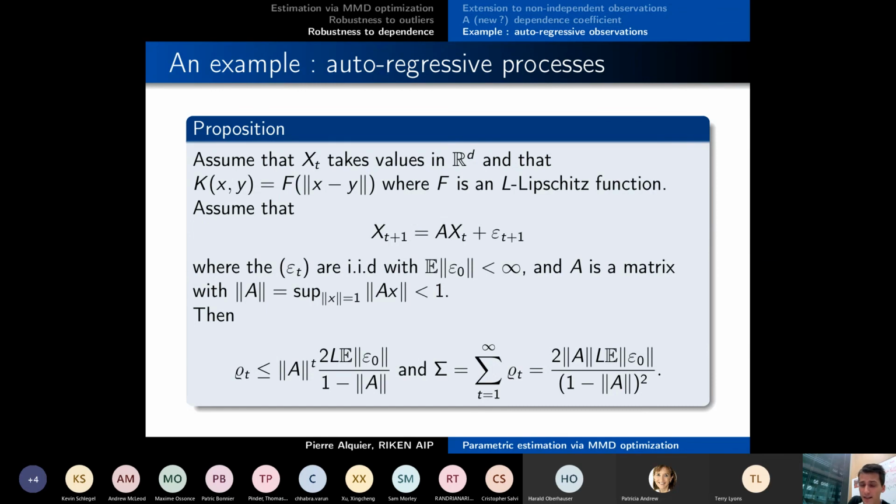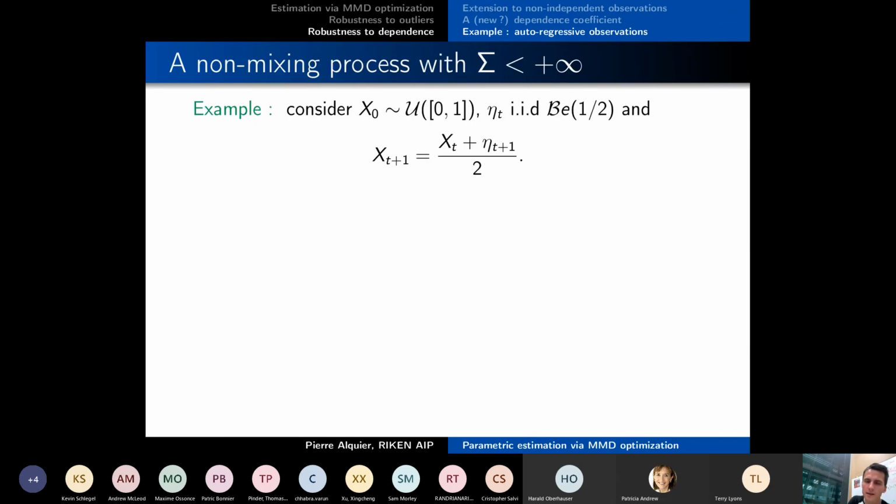And interestingly enough, it includes a case that is quite famous for people working on alpha and beta mixing. You draw x naught uniform on 0, 1, and epsilon t, the noise, is a Bernoulli random variable. And you take xt plus 1 as xt plus eta t plus 1.